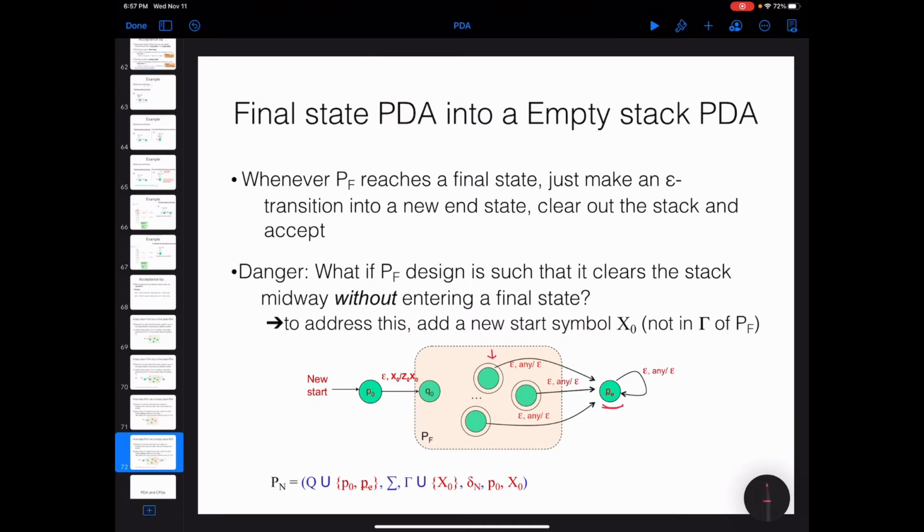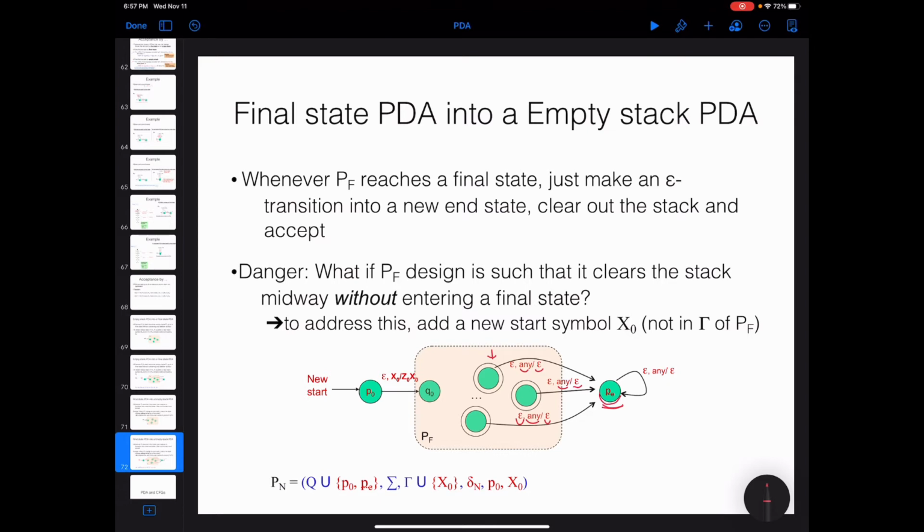You see that we don't consume anything from the input. It's just moving over epsilon, and we don't care what is the top of the stack. Whatever it is, just remove it.